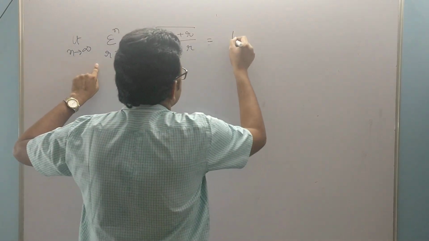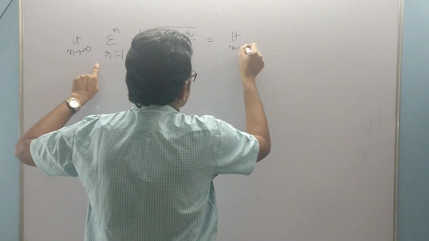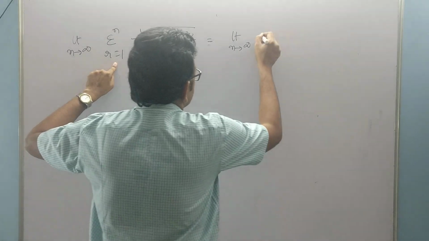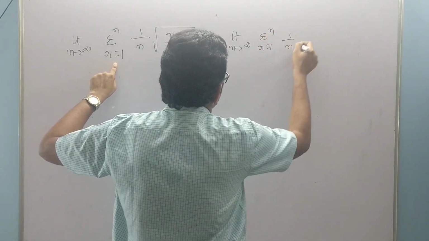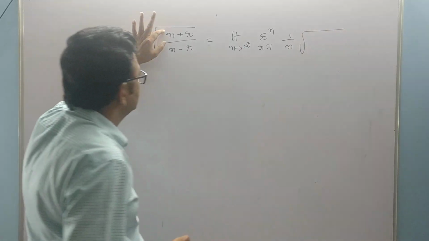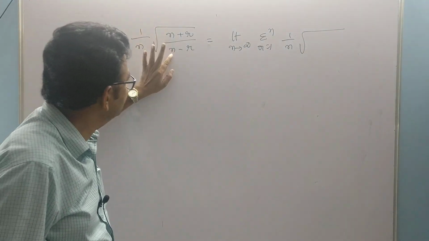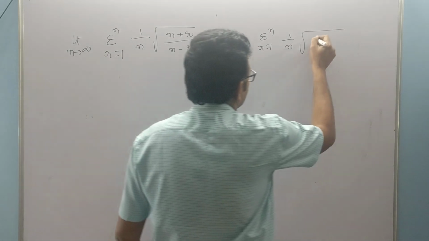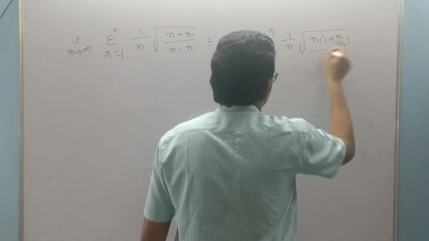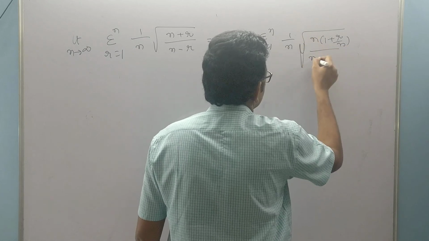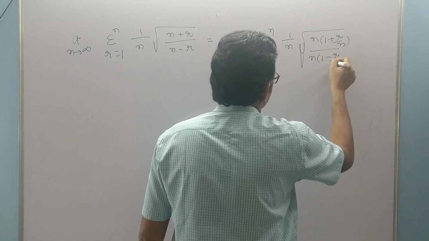You write limit of n tends to infinity, sigma r is equal to 1 to n, 1 by n into root of. See here, n is taken common, there also n is taken common. n common, 1 plus r by n by, this is root, n common, 1 minus r by n.